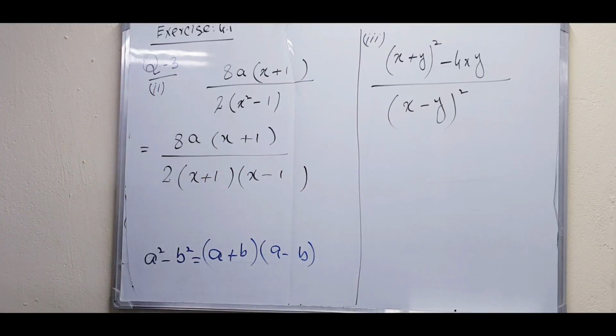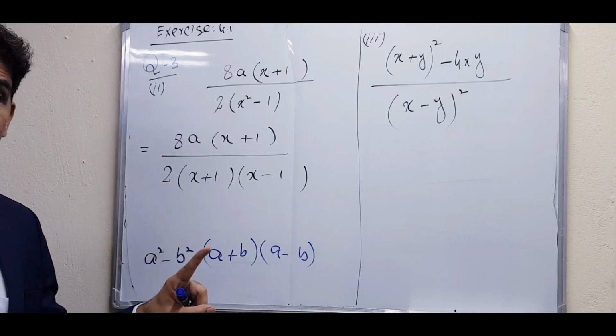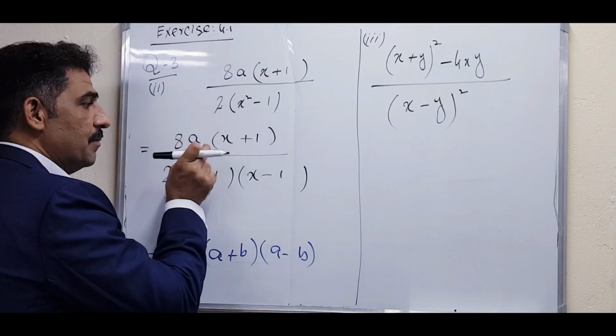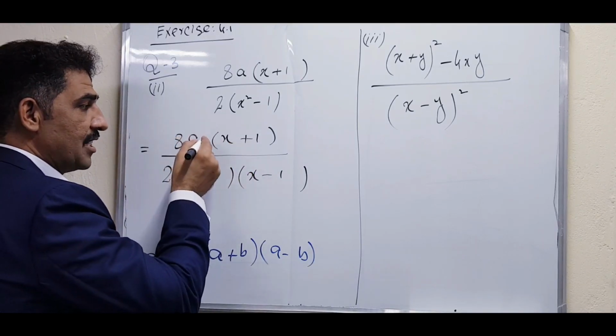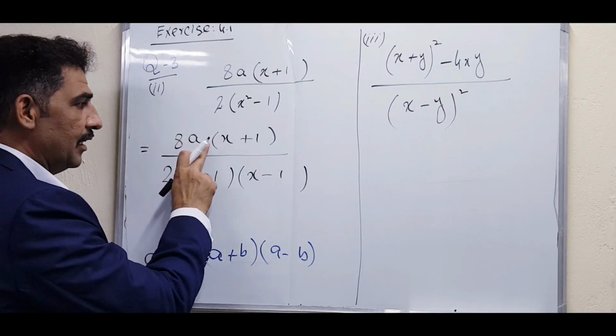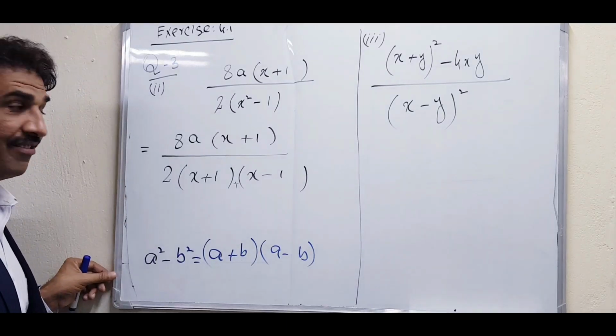So now it is possible to cancel in the numerator and the denominator, but keep one thing in your mind: it must be the multiplication sign between the terms. If there is a plus sign, it is out of rule, you cannot cancel that one.